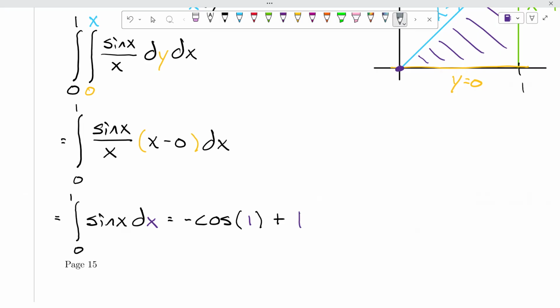And then I know I said it at the beginning, but I probably should have written it down. Quick note is that the integral of sine x over x is not integrable.